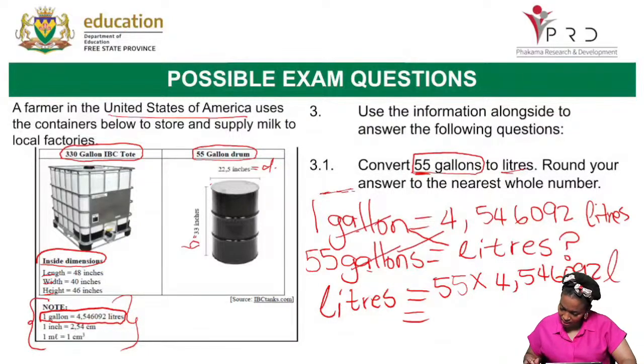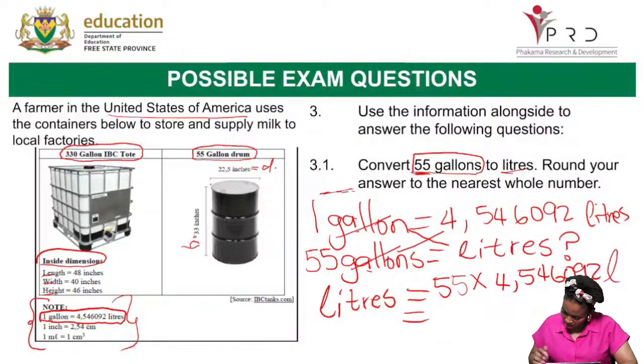So you will say 55 multiplied by 4.546092.